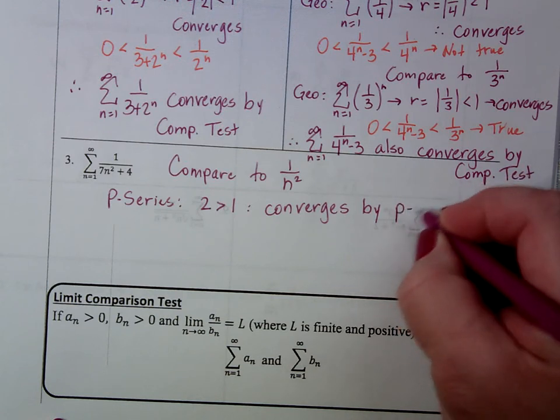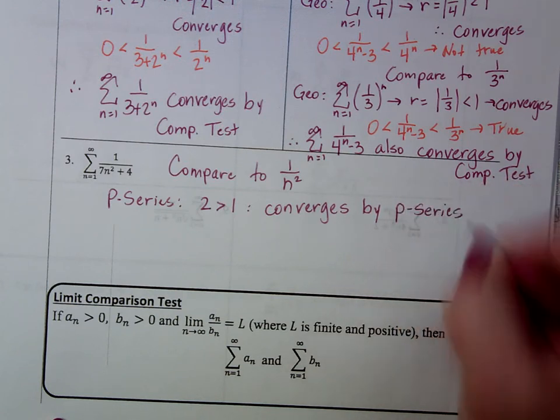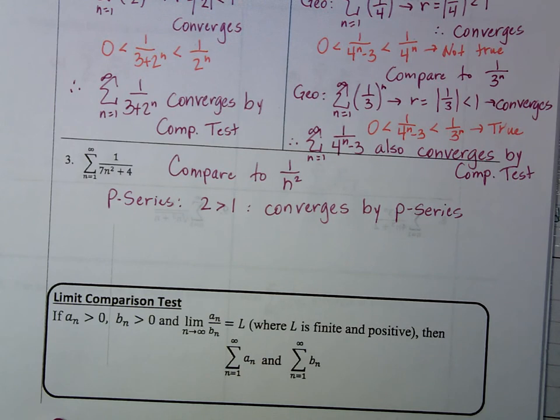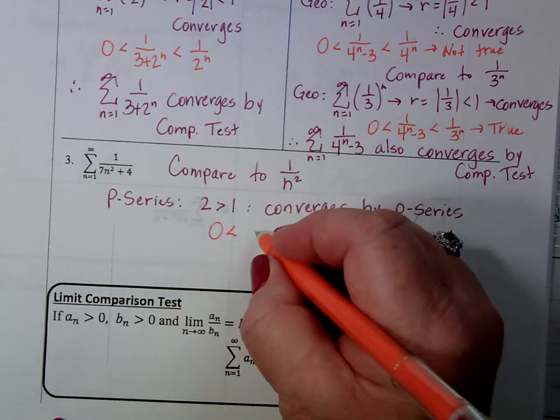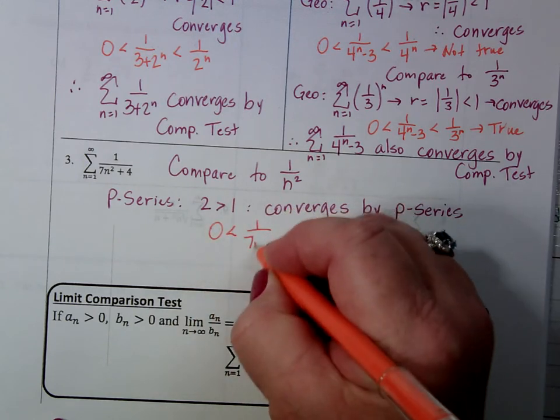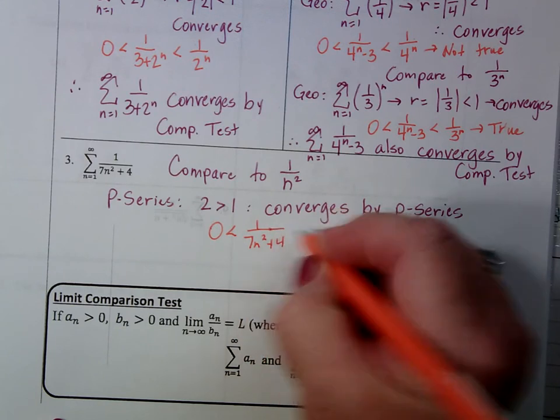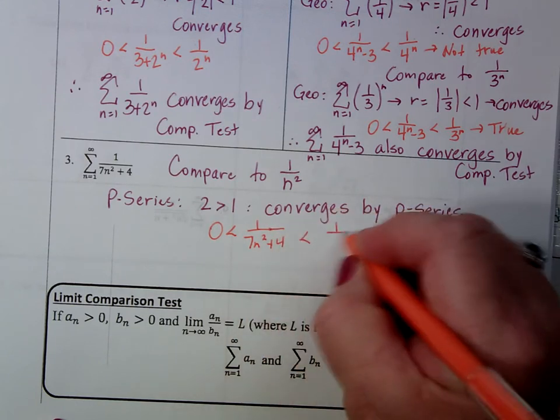Well, I kind of said that in the front, didn't I? So I know that my first one, 1 over n squared, is a converging p-series. So now I have to check my inequality. Is 0 less than a sub n, 1 over 7n squared plus 4, less than 1 over n squared?